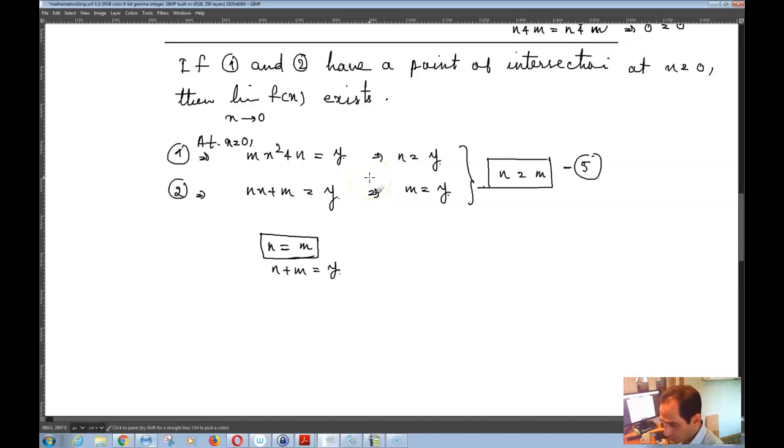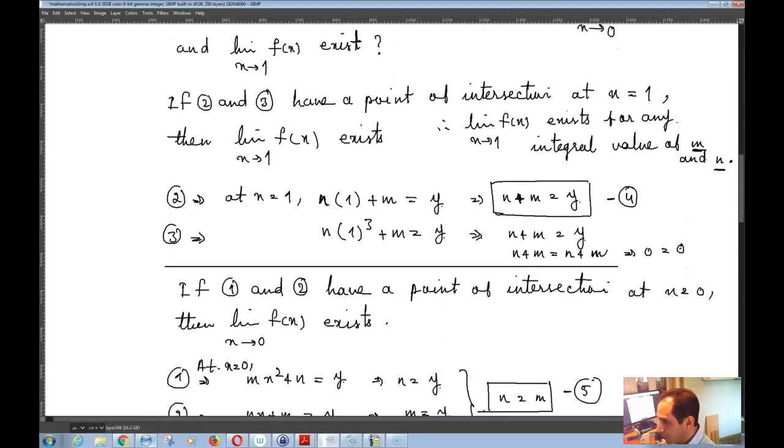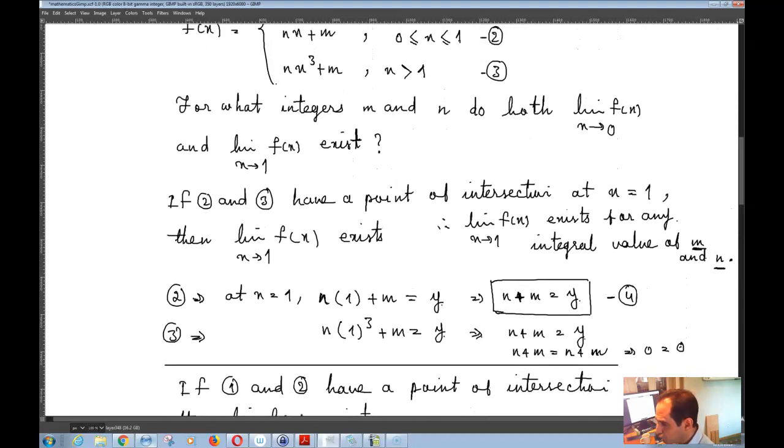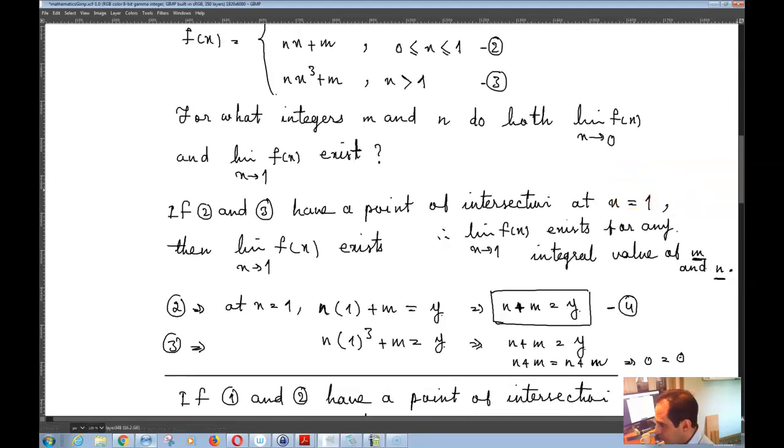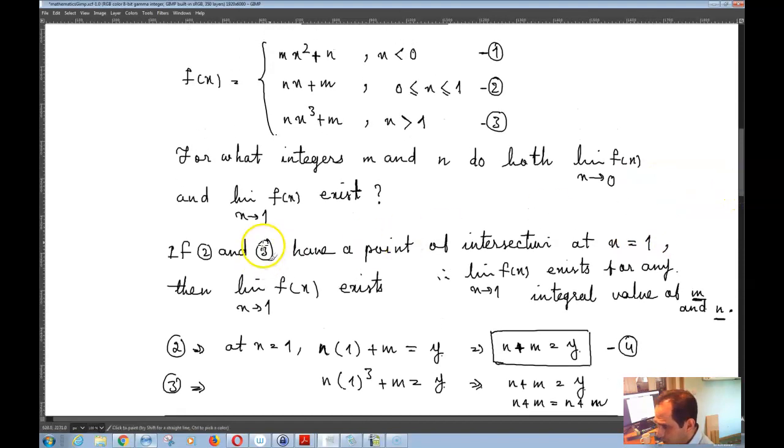But now about this part, you see the situation is a little bit different. We were basically talking about these two lines, nx plus m and nx^2 plus m, these two lines. And we said that if these two lines have a point of intersection at x is equal to 1, then basically the limit does exist.